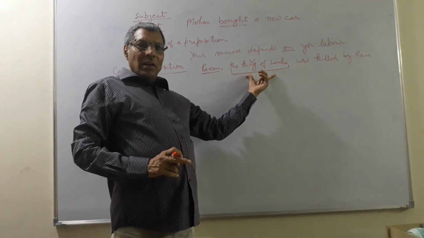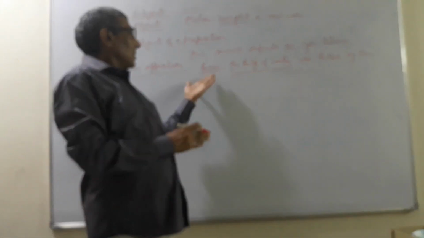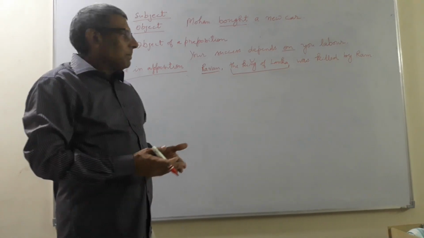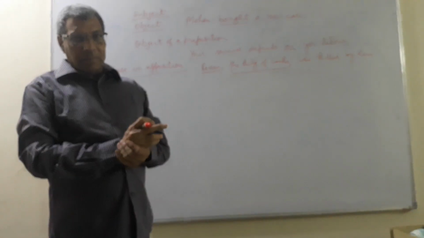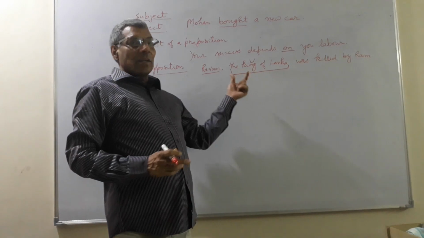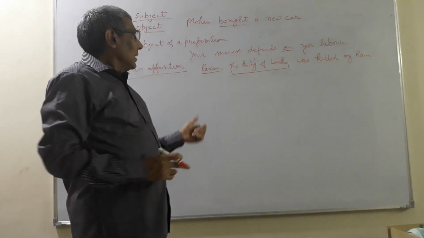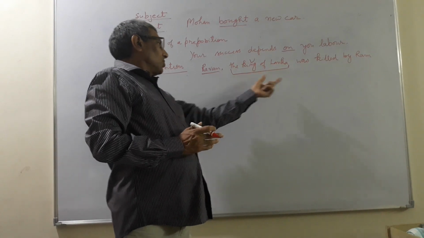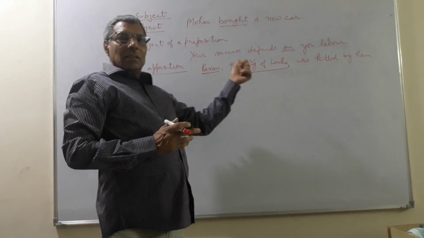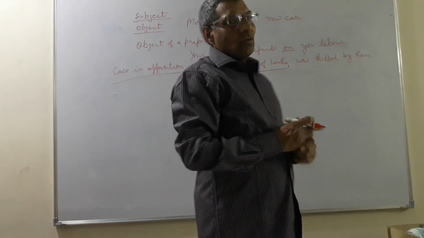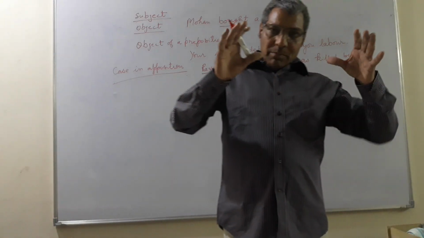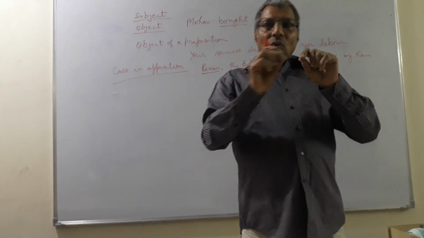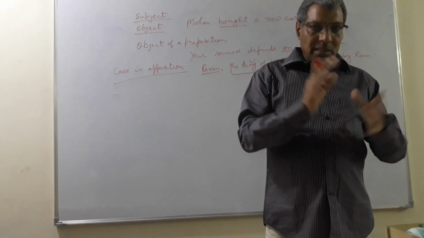If we say king of Lanka, it means Ravan. If we say Ravan, it means the king of Lanka. So both these nouns are referring to a same person. So at times two nouns refer to the same person and they are put in proximity. So this part of the sentence is said to be case in apposition. So now we have learned that a noun can be used in 4 places in a sentence.